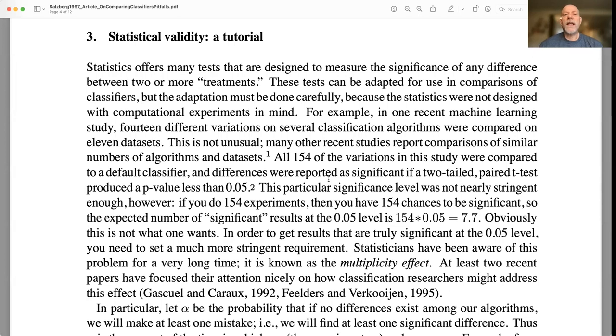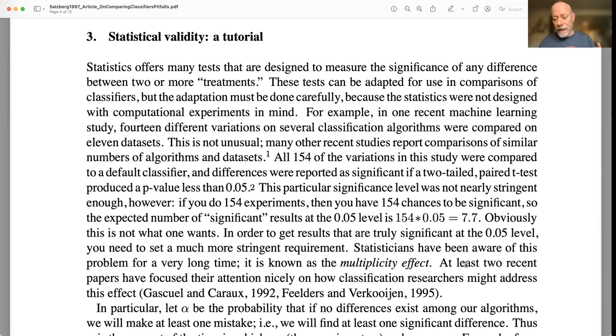These tests can be adapted for use in comparisons of classifiers, but the adaptation must be done carefully because the statistics were not designed with computational experiments in mind.